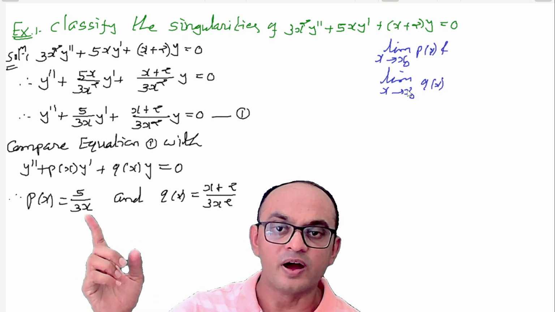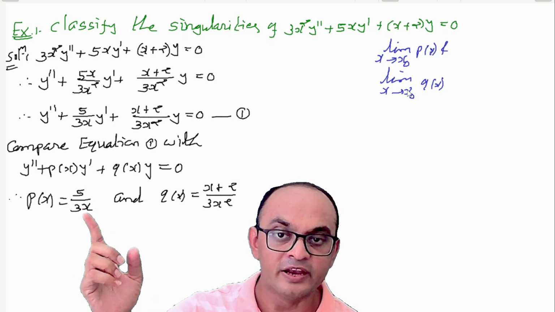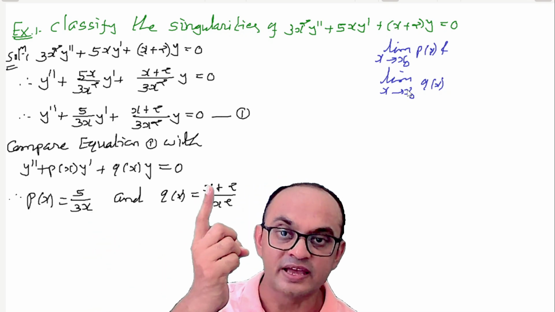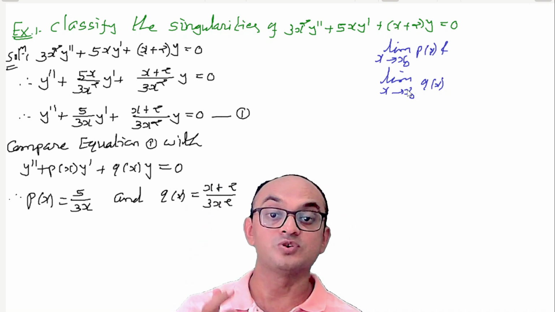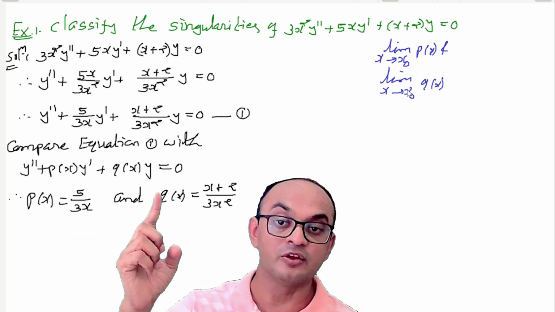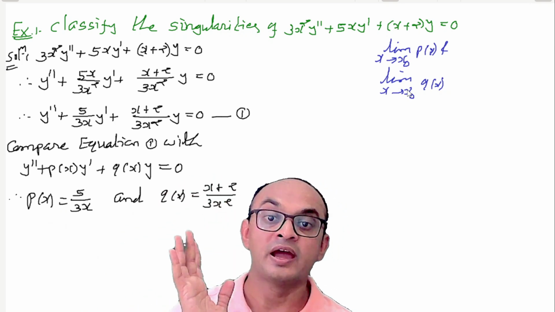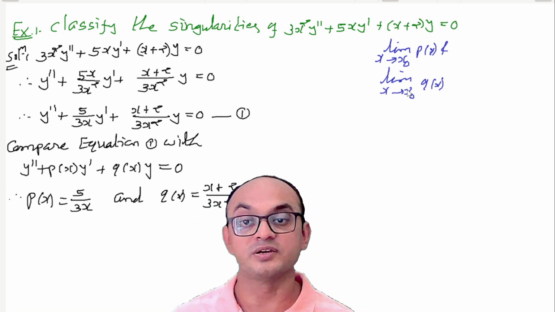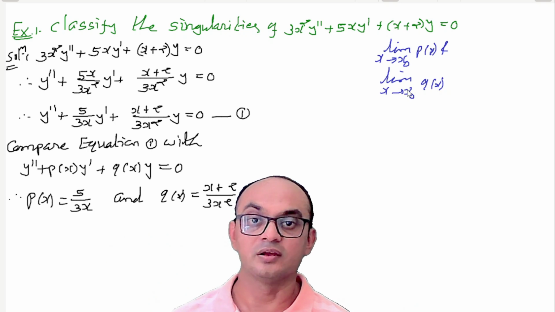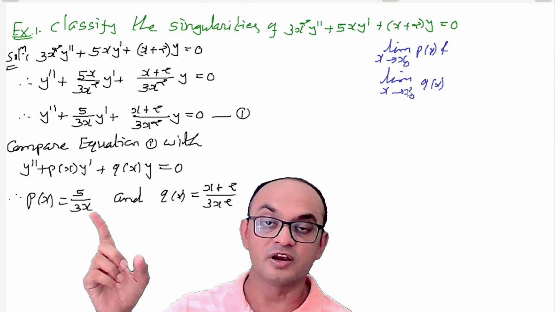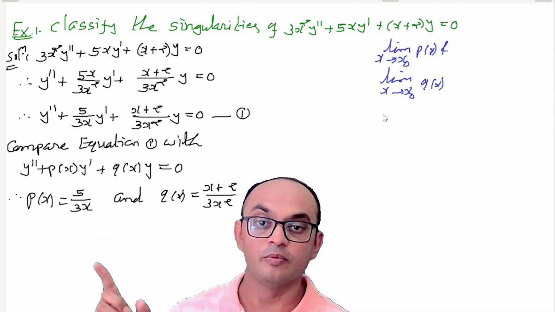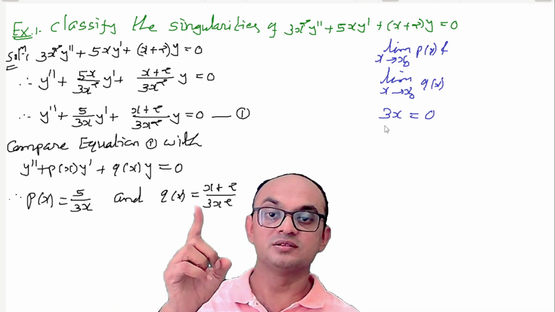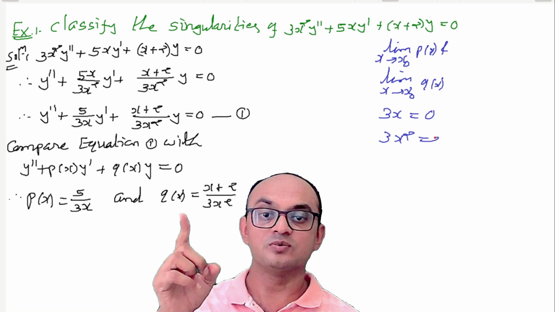So p(x) equal to 5 upon 3x goes to infinity when the denominator becomes 0. So 3x equal to 0, so x equal to 0. Likewise here, q(x) is (x plus 2) upon 3x square. So when x equal to 0, we can say that p(x) and q(x) have no limits at 0, and so 0 is the singular point. What about other points? Concentrate only on the denominator. The denominator is 3x, and the other denominator is 3x square. So let us write 3x square equal to 0.